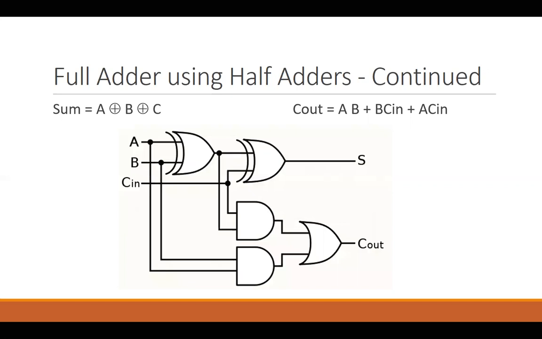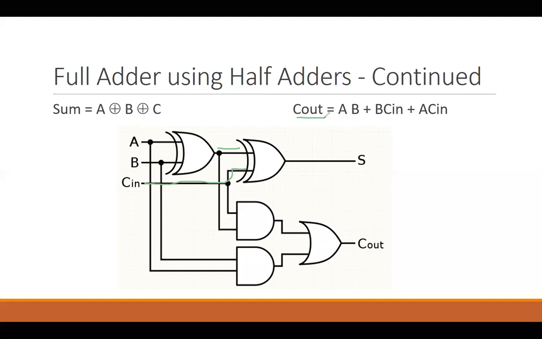You can see that A and B are going into an XOR and the output of that here is going into another XOR with C in here, and it is creating a sum bit.